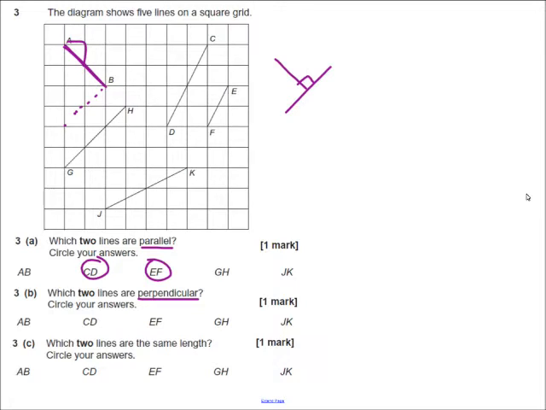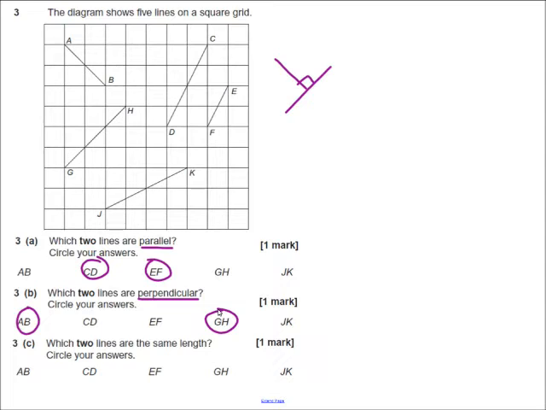And the only line that we have that does that is line GH. So it must be AB paired with GH.